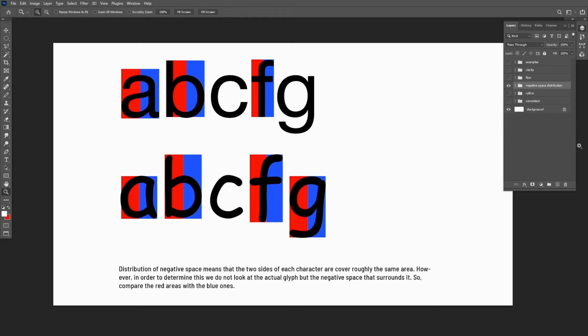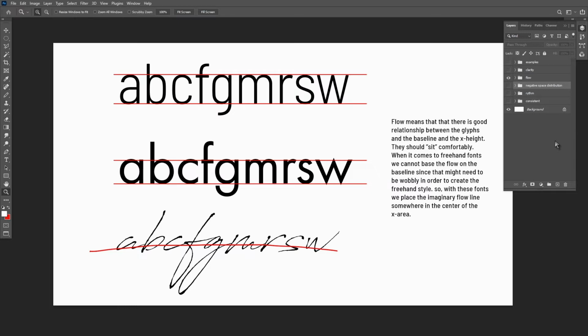And now on to the fourth criterion, which is flow. What we mean by flow is that when we have words or sentences, but in this case, obviously, since we're talking about logotypes, we're talking about words, there should be a nice flow from left to right.